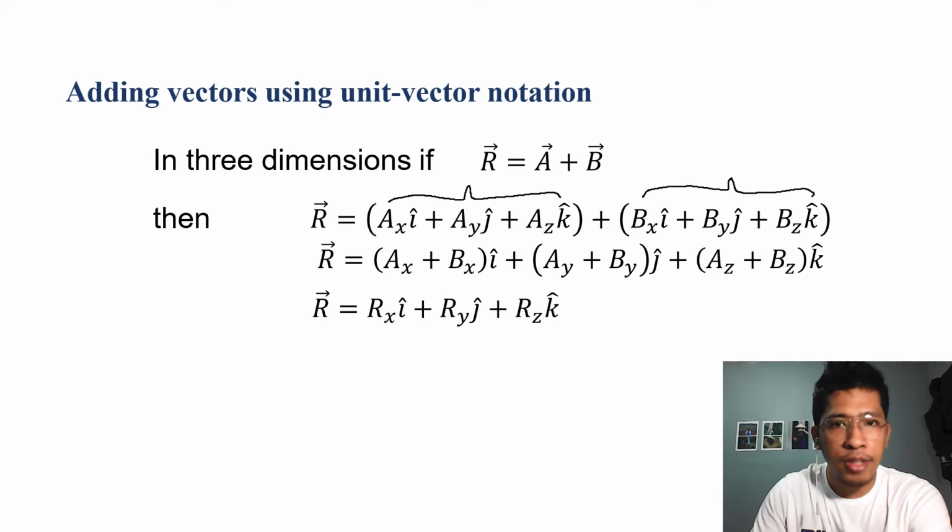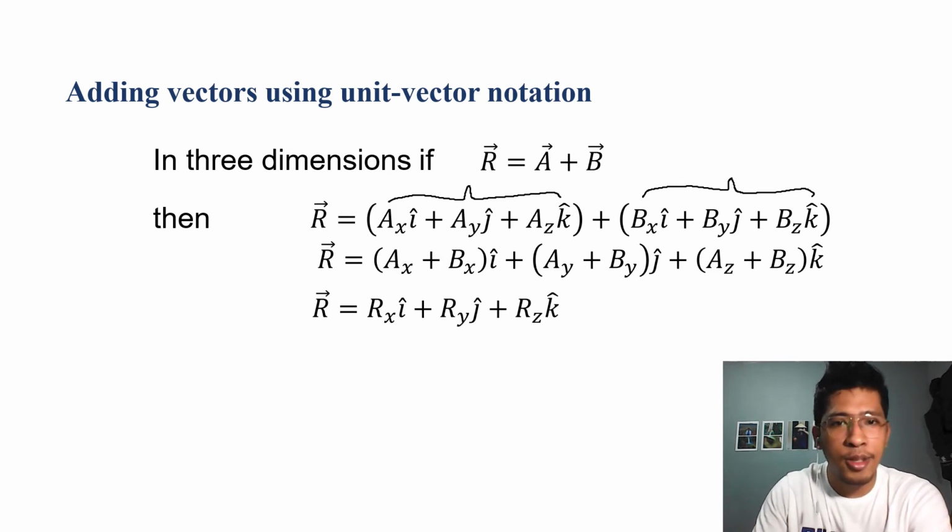So in adding these vectors, what you need to do is just add the components that are pointing in the same direction. So you're going to add all the x's, all the y's, and then all the z's. So your vector R is equal to ax plus bx, and we carry the unit vector i hat, plus ay plus by j hat, plus az plus bz k hat.